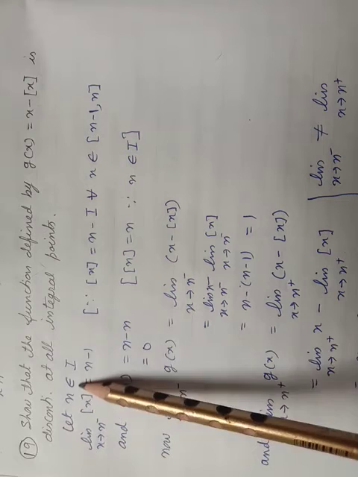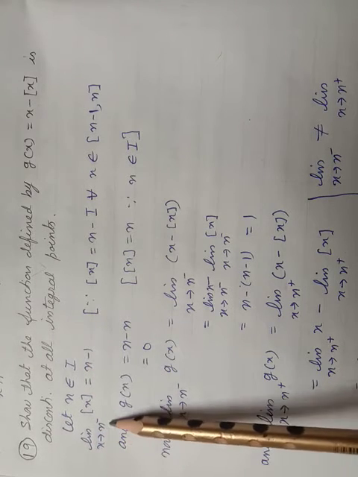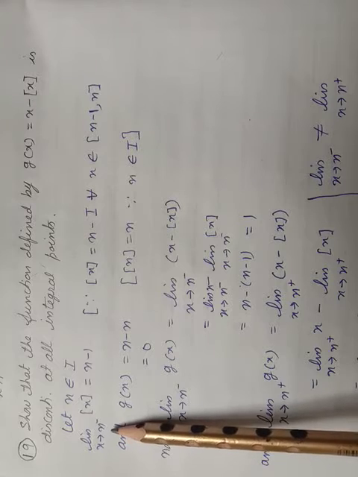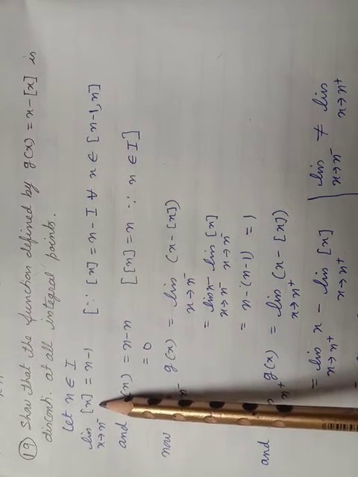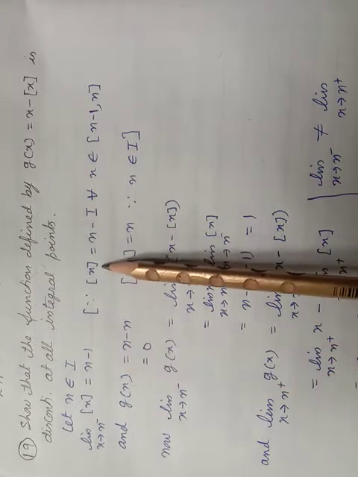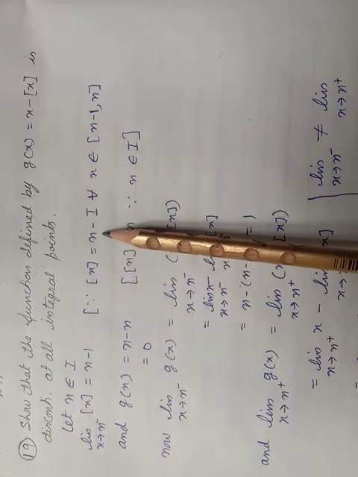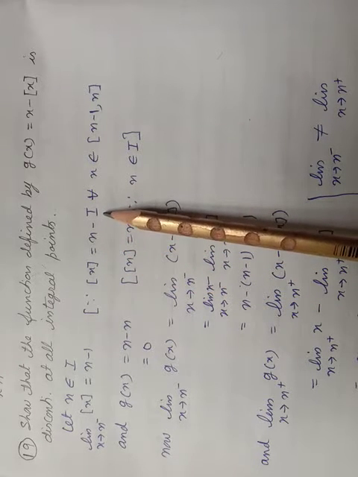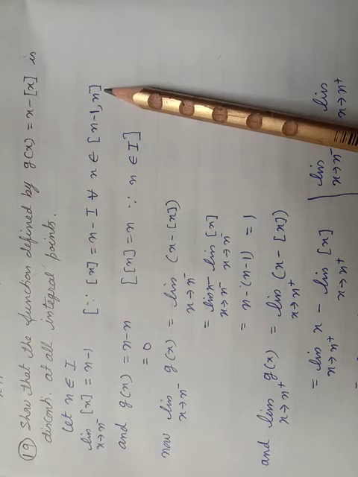Now we are checking x is I, meaning any integer. So limit x tends to n negative. N negative means if you subtract something from an integer, it means you will subtract 1, because 1 is the integer. Therefore x equals n minus 1, for all the integers between n minus 1 and n.